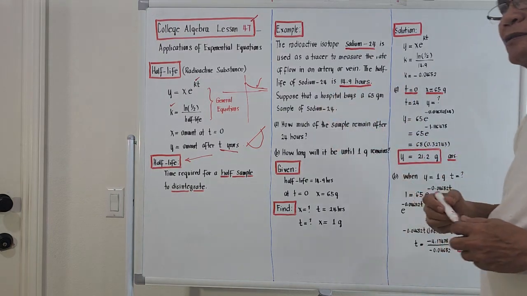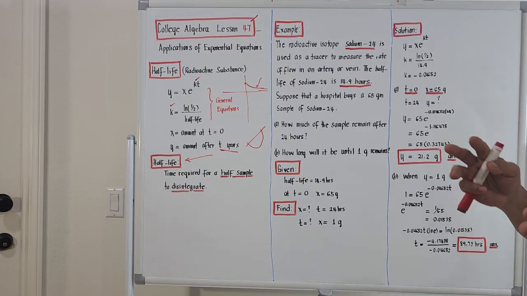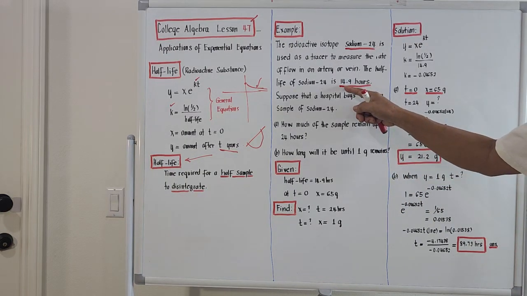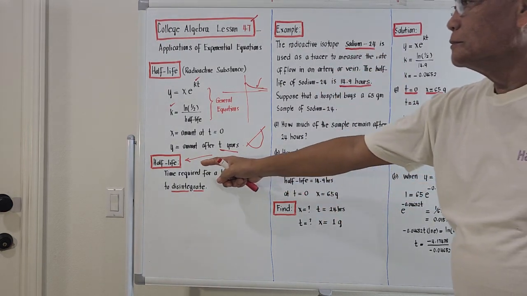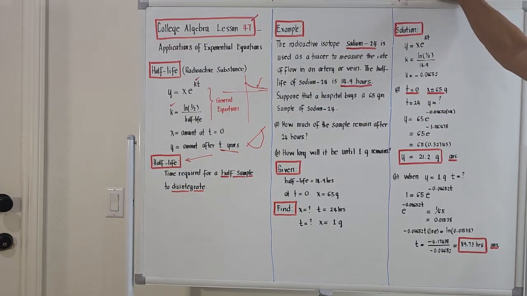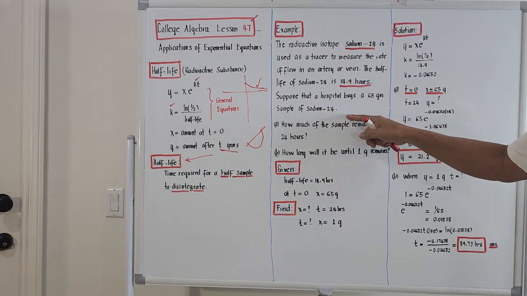Meaning to say, if you have 10 grams and divide it by 2, the half-life of that 10 grams will be 14.9 hours, as an illustration of half-life. Suppose that a hospital buys a 65-gram sample of sodium-24.